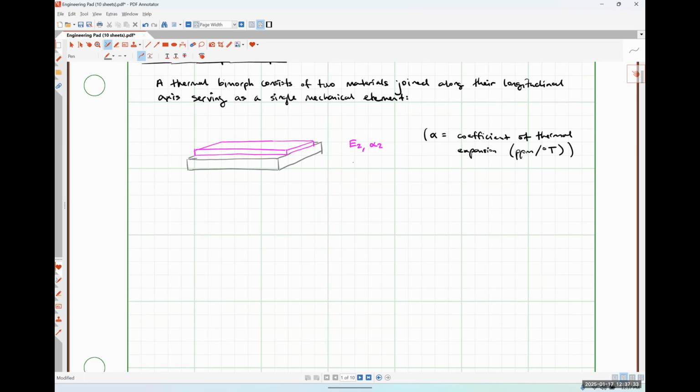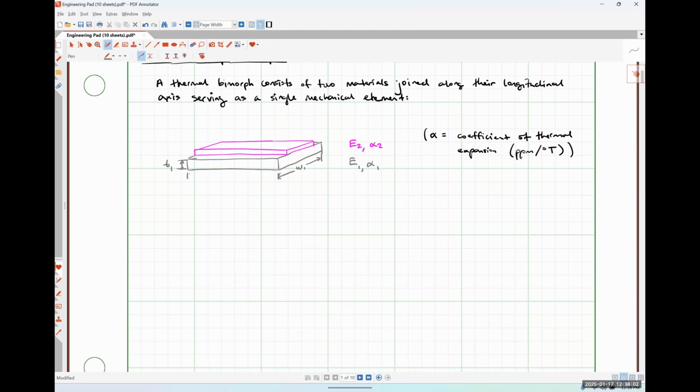Like so, where our material in gray is going to be material 1. So it has its own specific Young's modulus. It has its own specific coefficient of thermal expansion. And then I'm going to label a couple of dimensions here. This right here is going to be the thickness of material 1. This dimension right here might be the width of material 1.